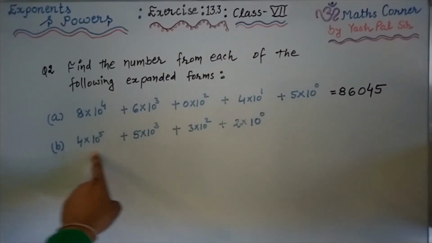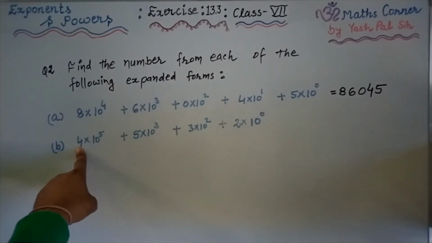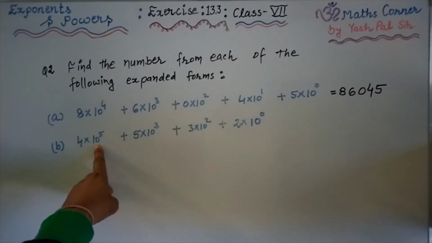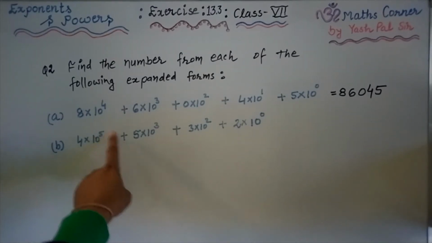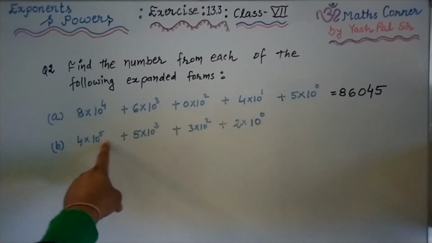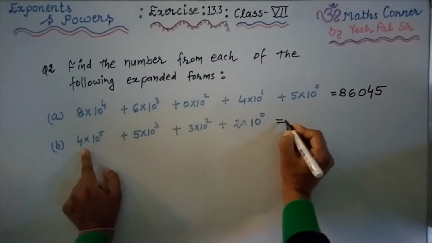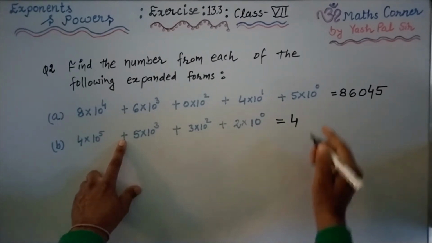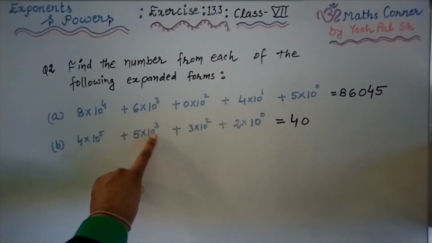Next, B part. This is the expanded form, but in this part a little bit of a twist has been given. What is that? First of all, we observe the decreasing powers of 10. This was 10 raised to power 5, but 10 raised to power 4 is missing. So we need to write 0 here. That means first of all we write 4, because the 10 raised to power 4 component is missing, so we have to put 0.